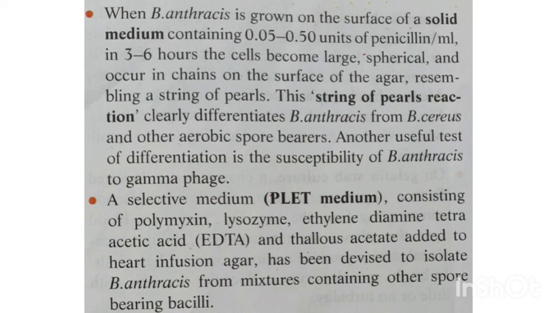This is a heart infusion agar containing polymyxin, lysozyme, EDTA, as well as thallous acetate. That is, these compounds, polymyxin, lysozyme, ethylenediaminetetraacetic acid and thallous acetate, are added into heart infusion agar to form PLET media. This PLET media is useful for the selective isolation of Bacillus anthracis from mixed cultures containing other spore bearing bacilli. Okay.